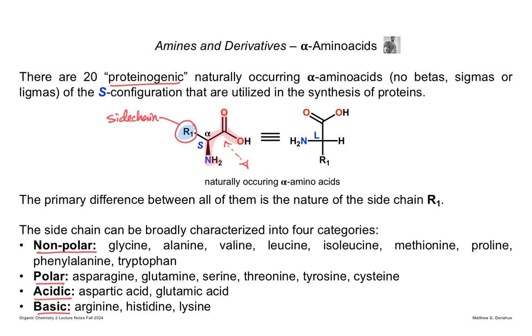As you'll see on the next slides, they all have ways of being abbreviated. So there's the name, and then there's a 3-letter abbreviation, and there's a 1-letter abbreviation. And as you go further in the biological side of this, almost everyone uses the 1-letter abbreviations when they're talking about these things.